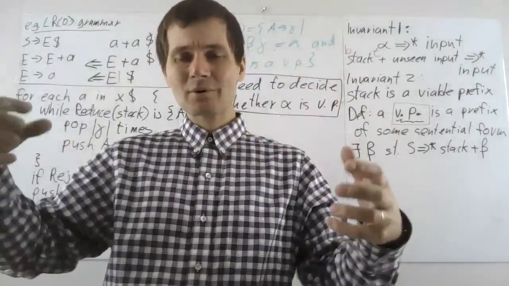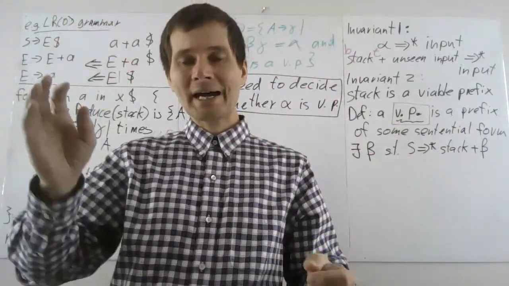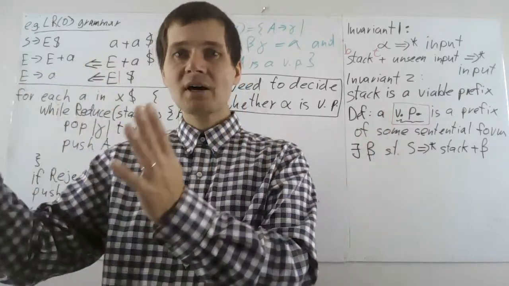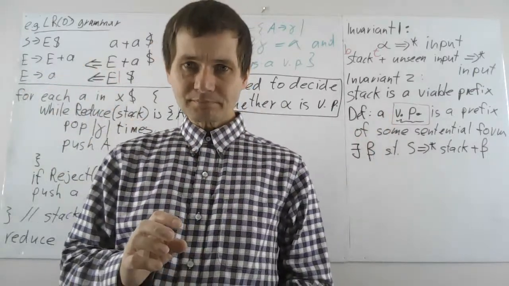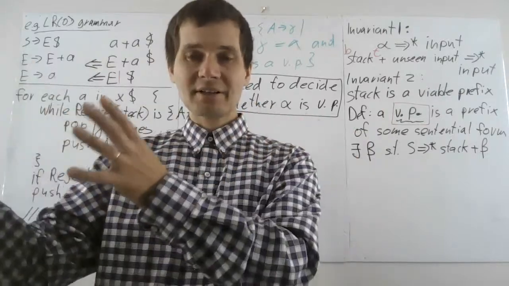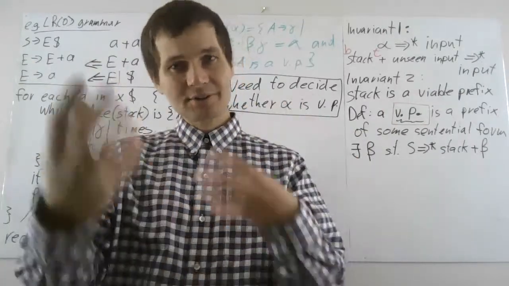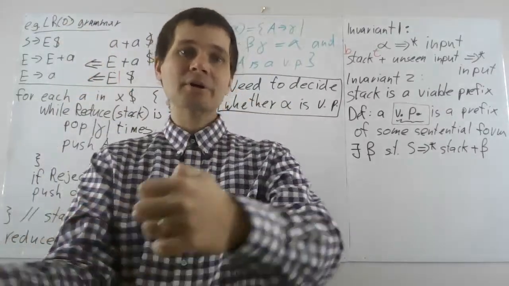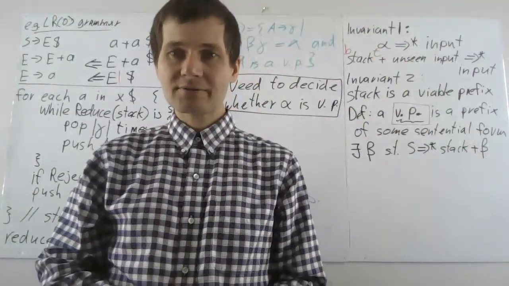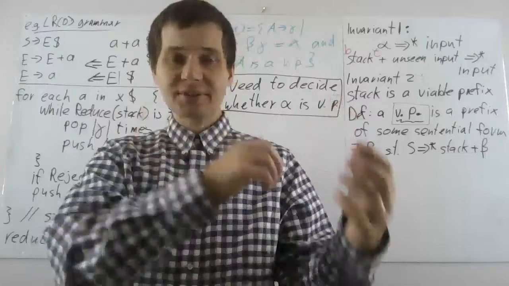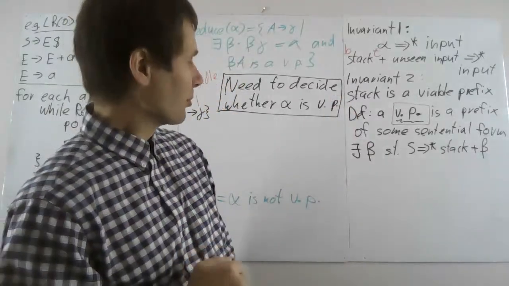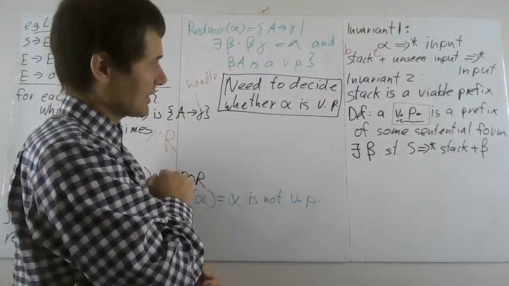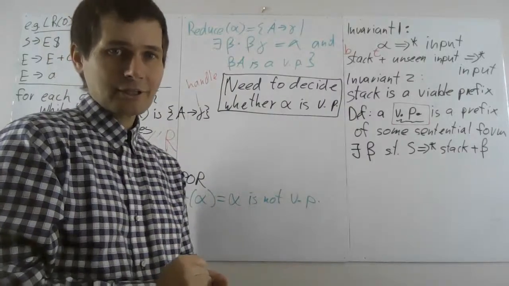So you're adding more terminals and then making the grammar generate prefixes of the language that the original grammar did. So there's this transformation that you can do to take any context-free grammar and turn it into a context-free grammar for the viable prefixes of the original grammar. So the point is, the set of viable prefixes is a context-free language.